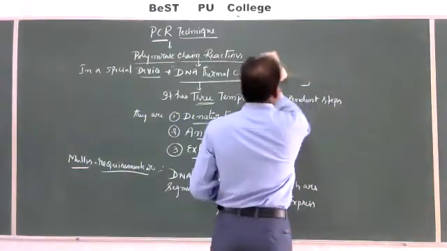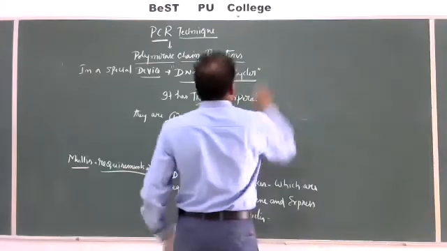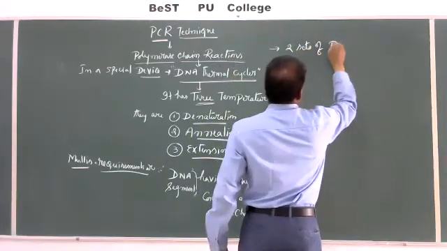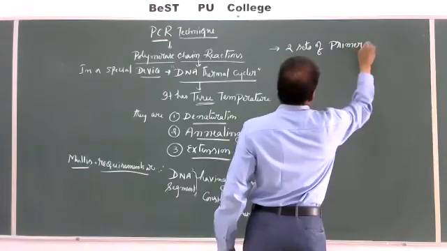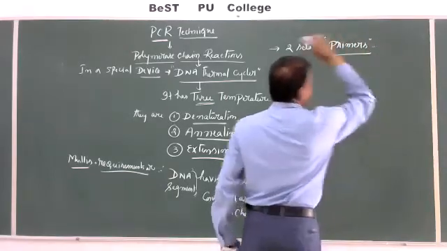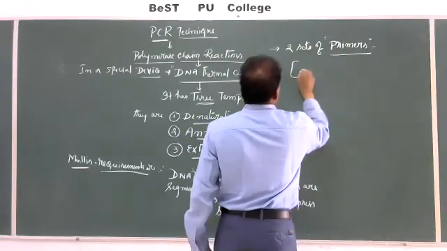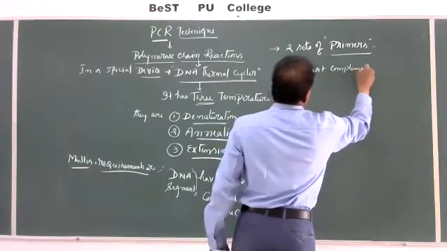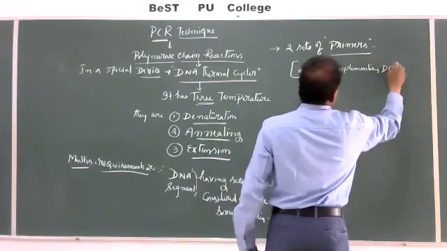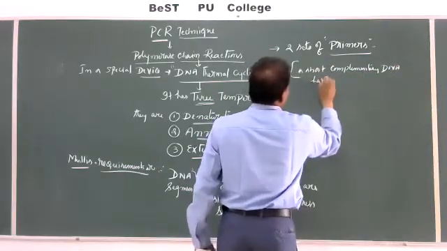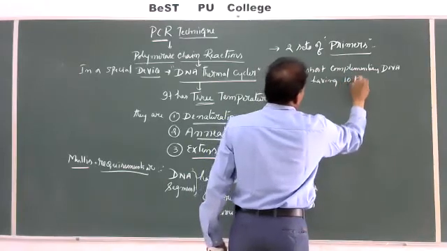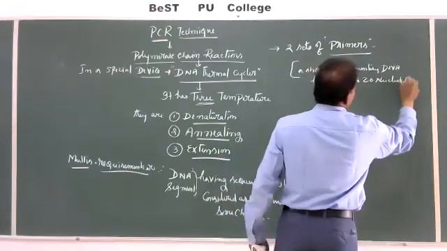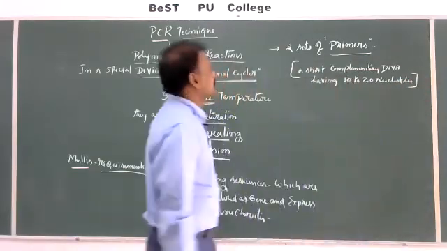Second requirement, 2 sets of primers. We have already studied primers in replication. A primer is a short complementary DNA having 10 to 20 nucleotides, or oligonucleotides. 2 sets of primers.